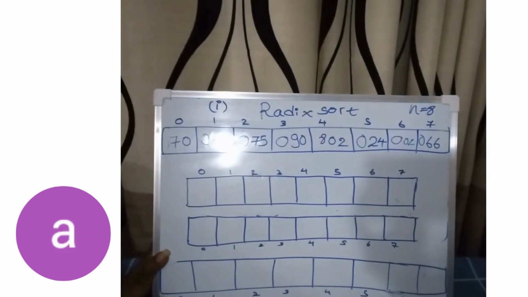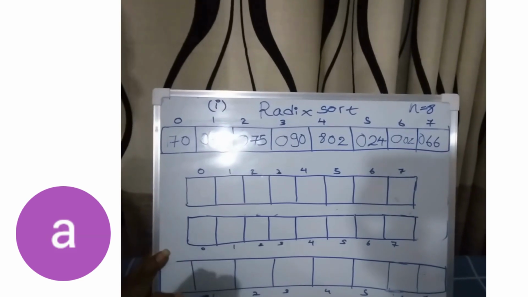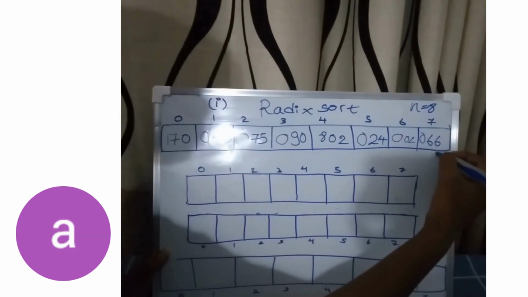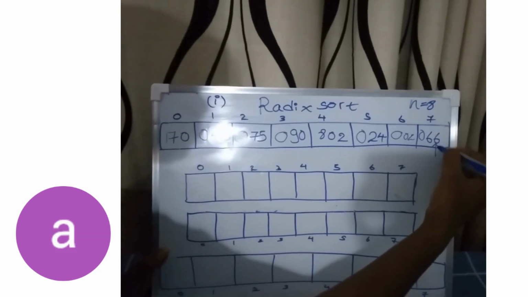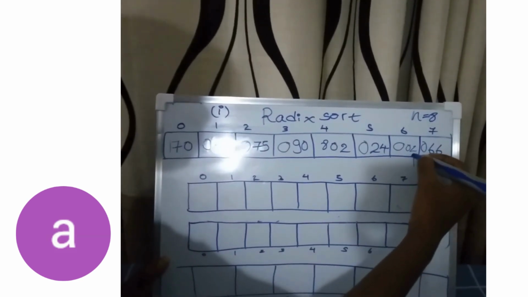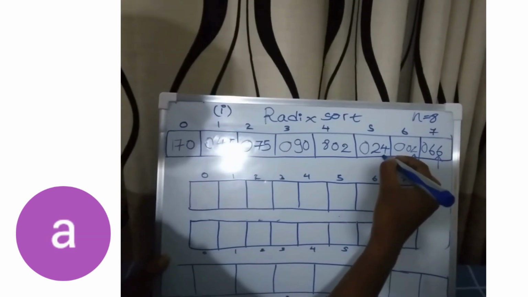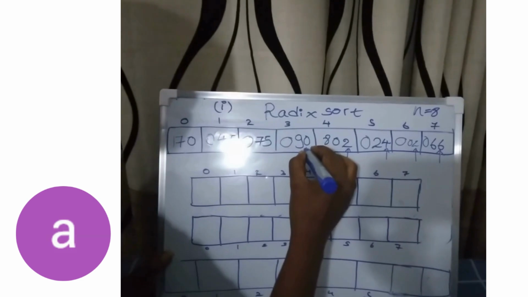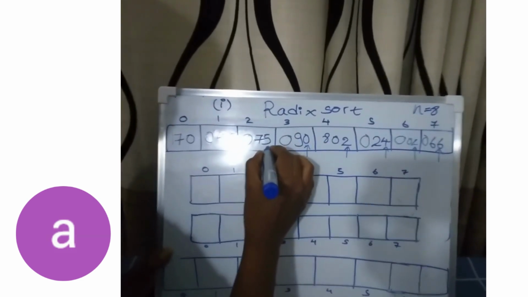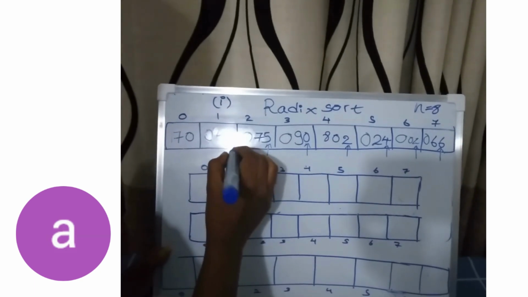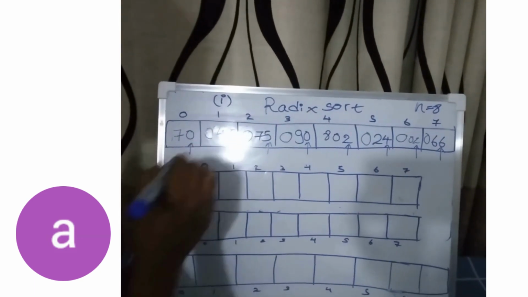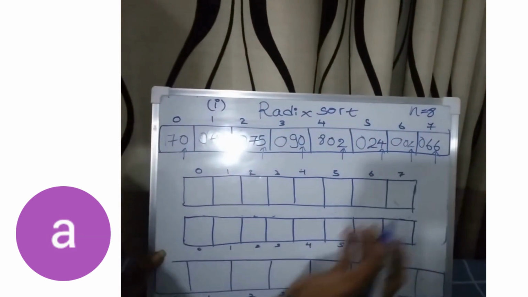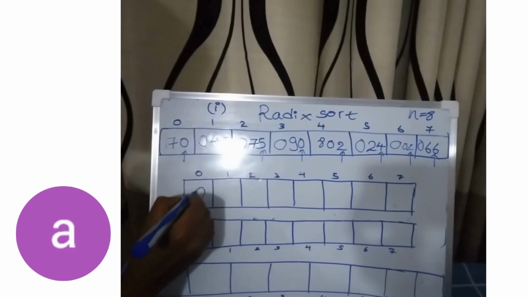You see 802, and we have to put the other numbers also as 3 digits. For that, we are adding 0 to the left side of the elements. In every element, we have to keep 3 digits, and next we have to get the first place. It means the first place of the number.